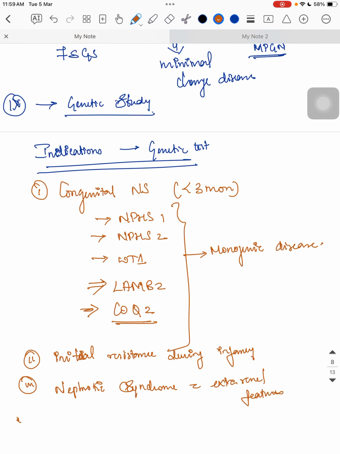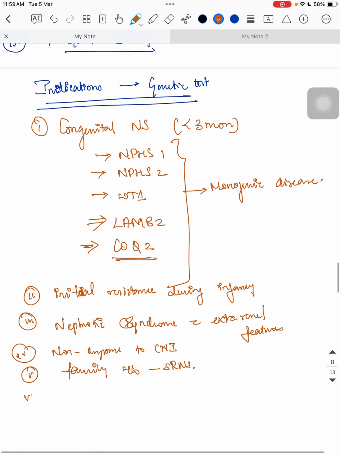Fourth, non-response to calcineurin inhibitors. You started the child on calcineurin inhibitors, but the child is non-responsive. Fifth, when there is a family history of steroid resistant nephrotic syndrome. Next is prior to kidney transplantation.